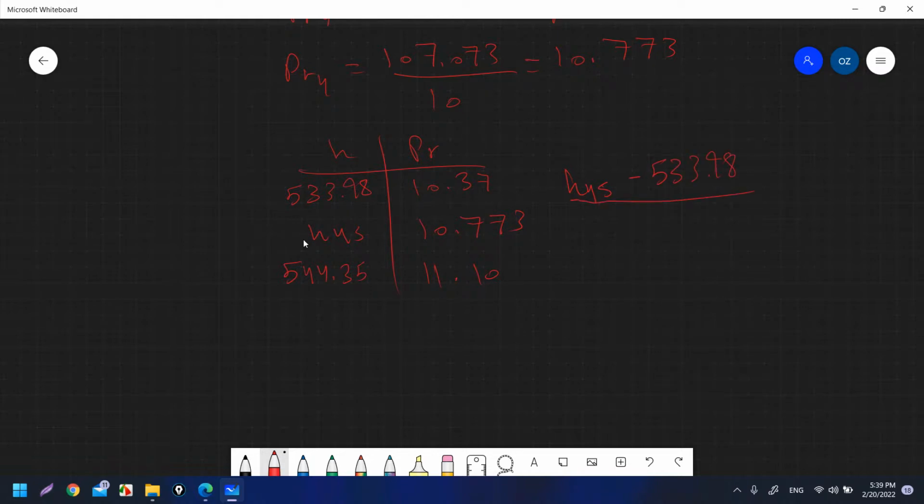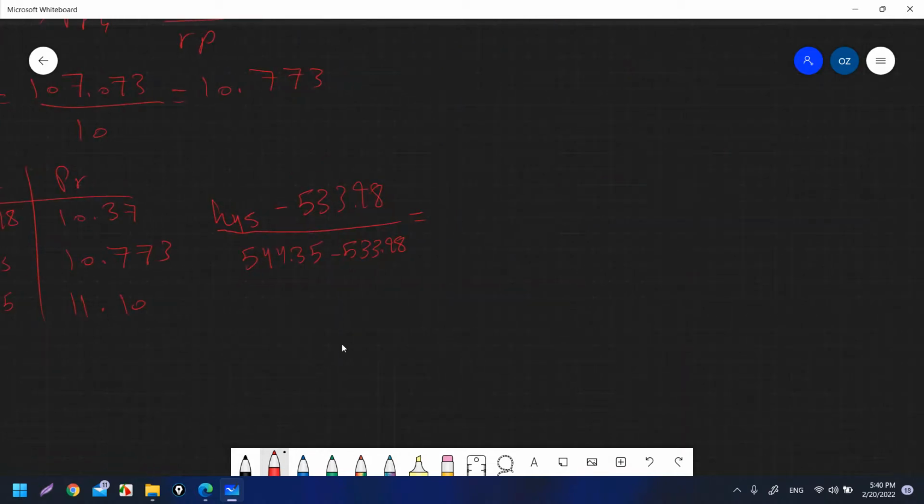So H4S minus 533.98 over 544.35 minus 533.98 will equal 10.773 minus 10.37 over 11.1 minus 10.37, and this will give you that H4S is equal to 539.7 kilojoule per kilogram.